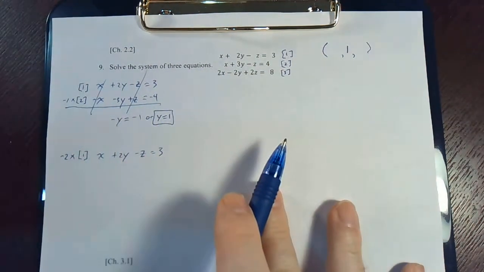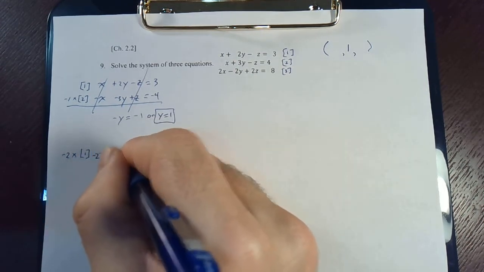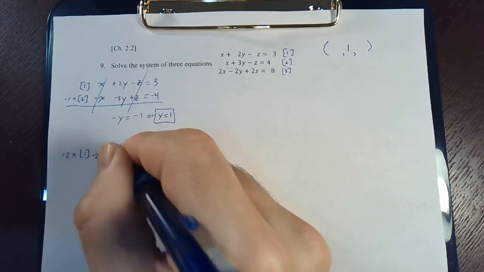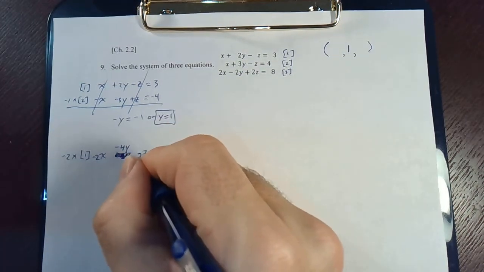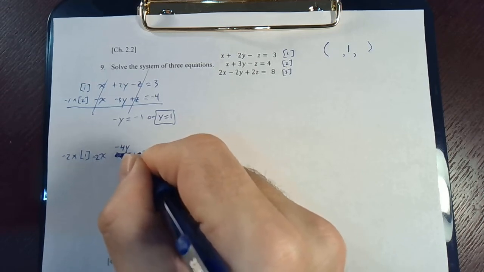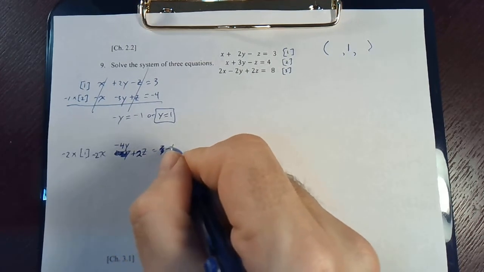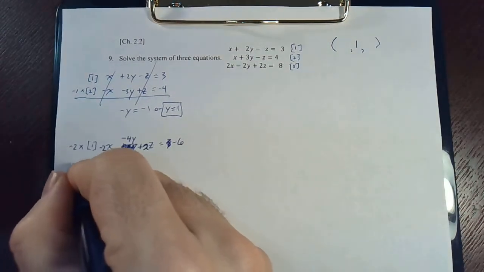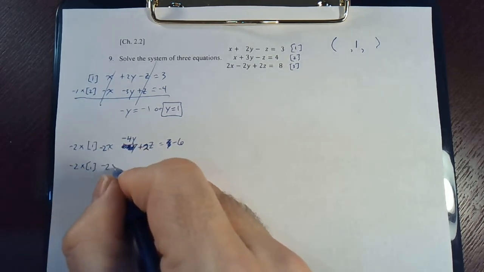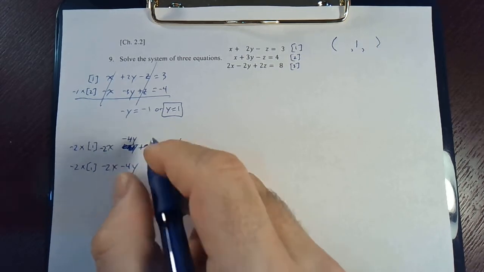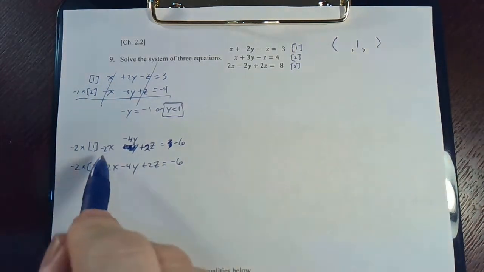So I need -2 times equation number 1. Sorry, it's so messy. Maybe I'll rewrite that. -2 times equation number 1 is -2x minus 4y plus 2z equals -6. That's a little better.